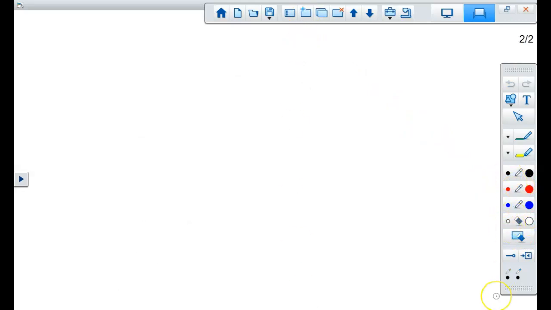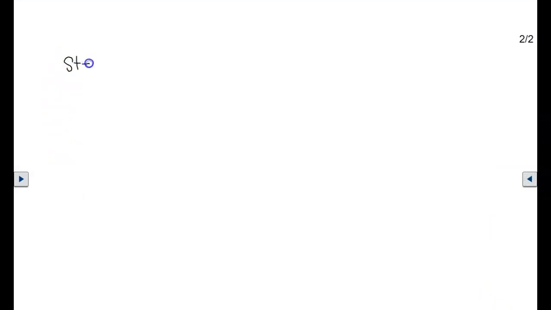Now, the steps for solving these equations. Now, the good news is at this point, there are 5 steps that we're going to use now to solve equations. And you know 4 out of the 5. Okay?